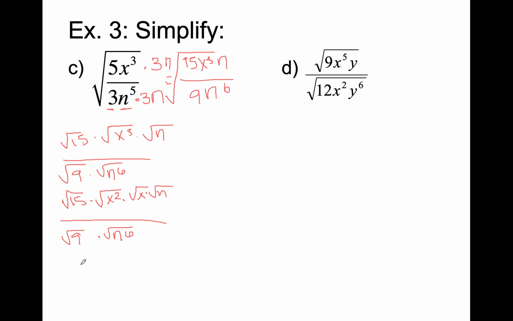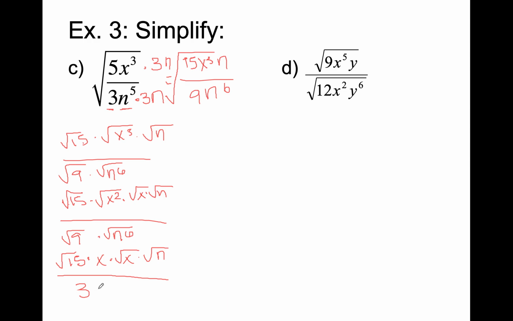Now I'm going to evaluate each of them. So radical 15 is just radical 15. Radical x squared is x, times radical x times radical n. Then all over radical 9 is 3.